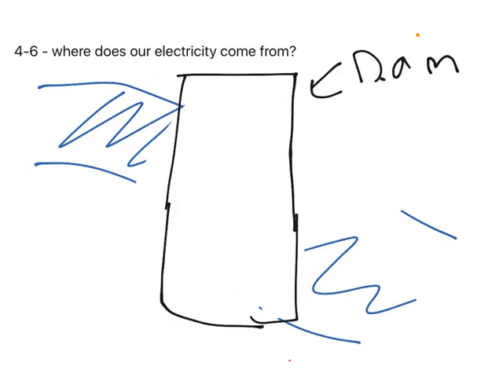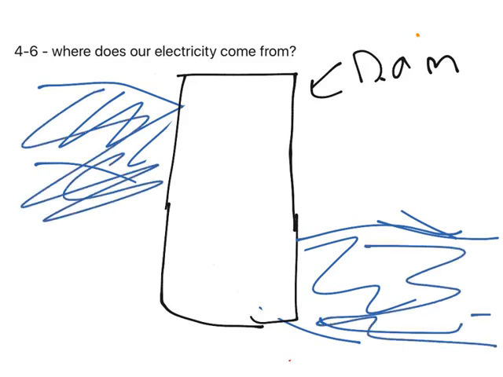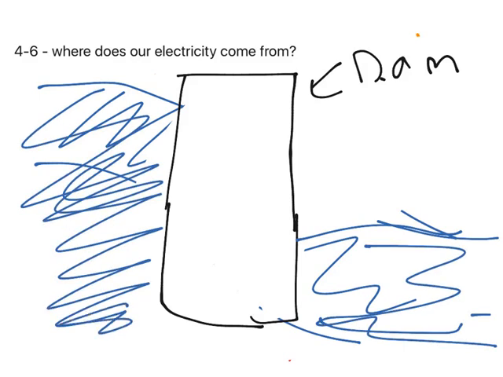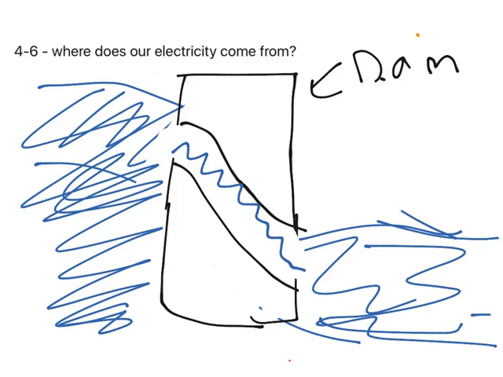So here's a dam. So now we have some water down here, and we have some water up here. When we have a dam, we let a little bit of water go through. So some water will go through here.